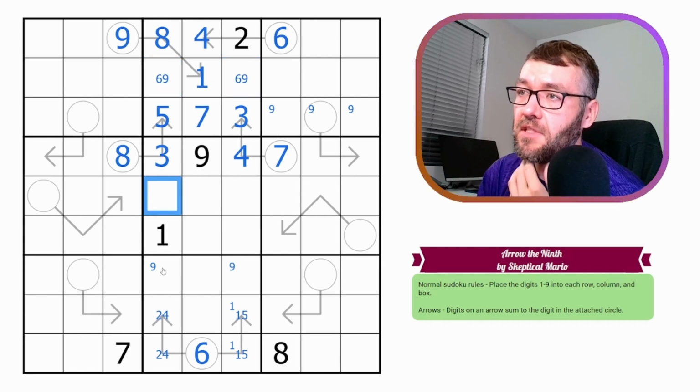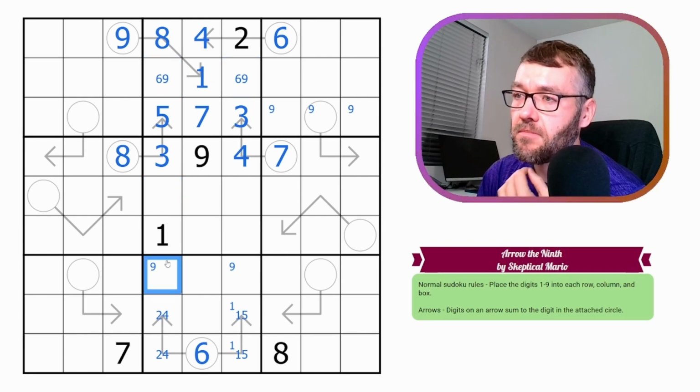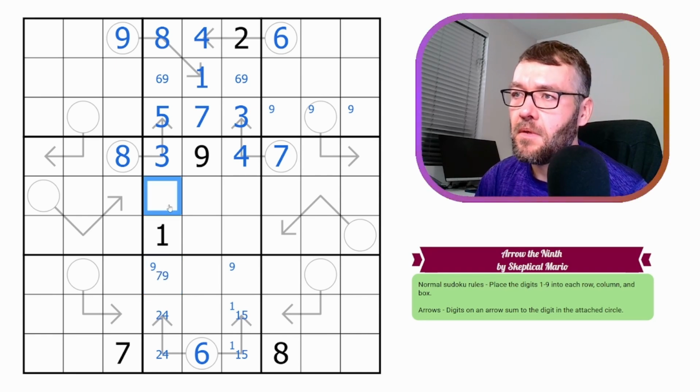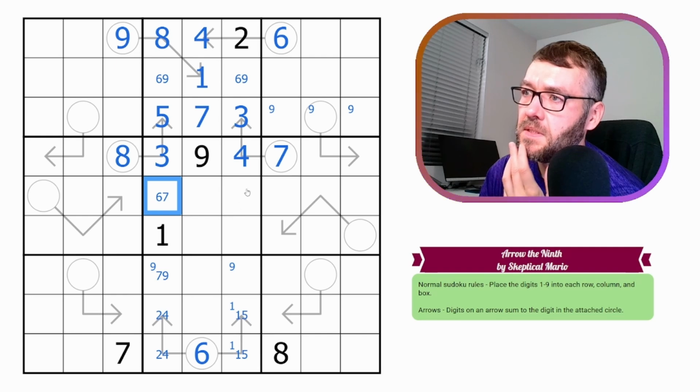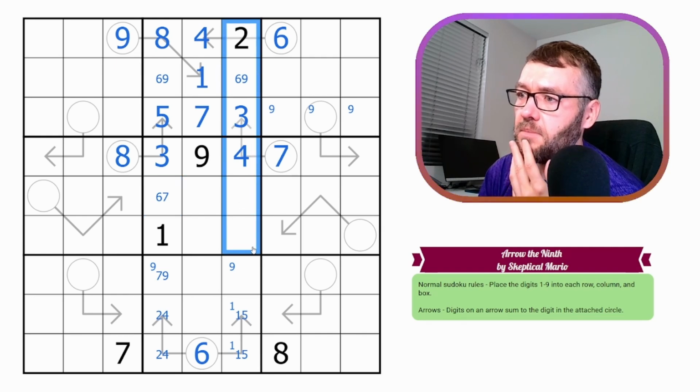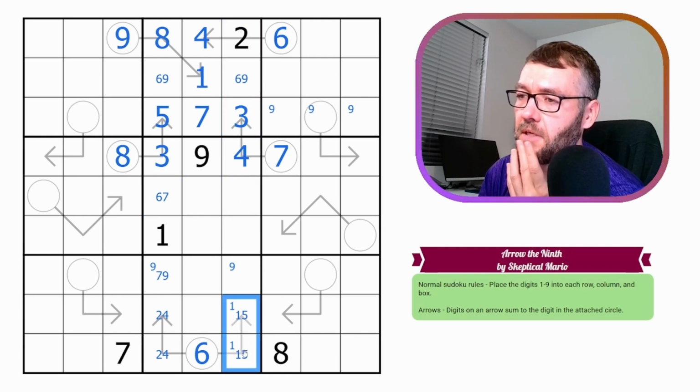We also need a 7 in this column, which can go here or here. This can't be a 6, so this is a 7 or a 9. And this could be any of the 3. Actually, no, this can't be a 9. It's a 6, 7. Okay. We need a 1 in this column. Oh no, we already have the 1 and 5 pair down here.